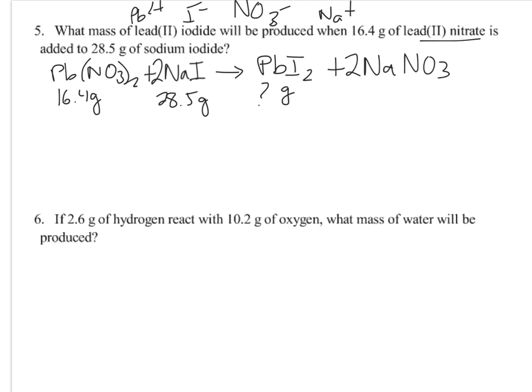Let's start with the Pb(NO3)2. We've got 16.4 grams of Pb(NO3)2. We're going to change that to moles. So 1 mole of Pb(NO3)2 on top. On the bottom, the molar mass of Pb(NO3)2 is 331.2 grams of Pb(NO3)2.